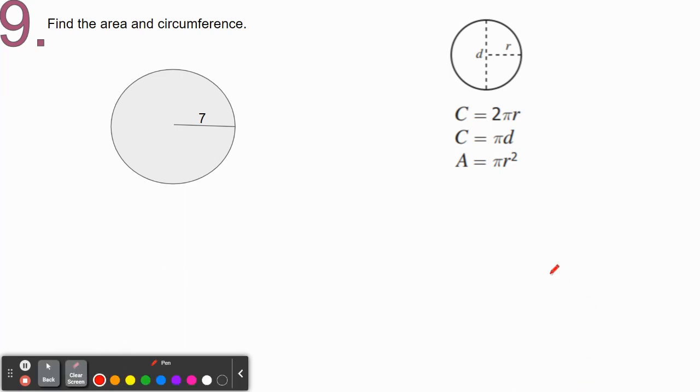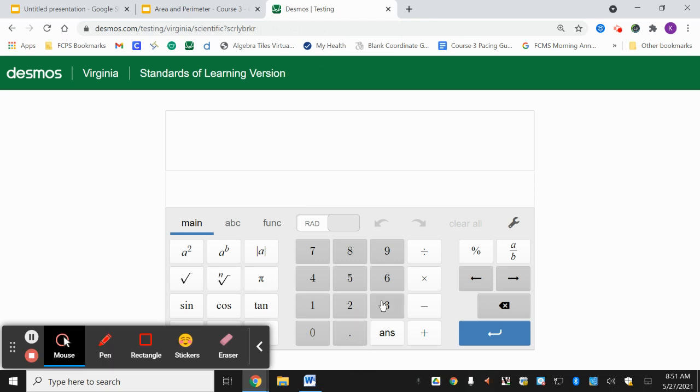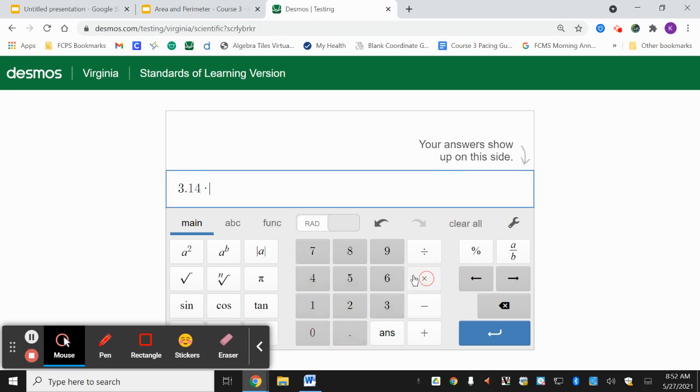Okay, so area equals 3.14 for pi times the radius. The radius is this distance here, which is 7 squared. So now we can just put that into our calculator. So 3.14 times 7 squared, which is 153.86.